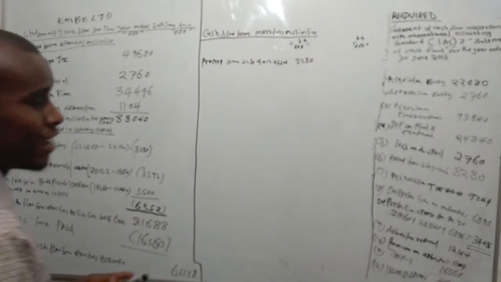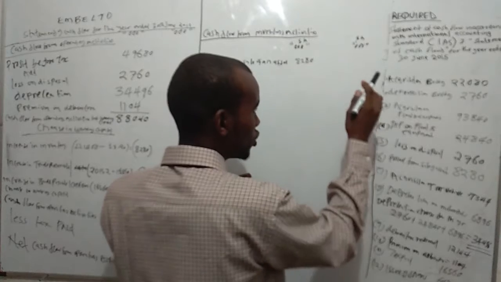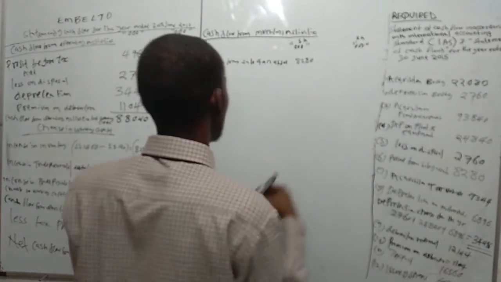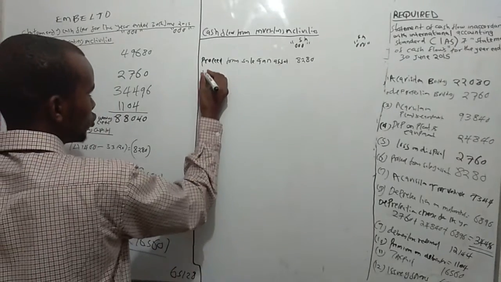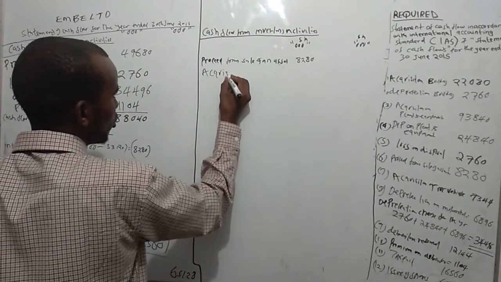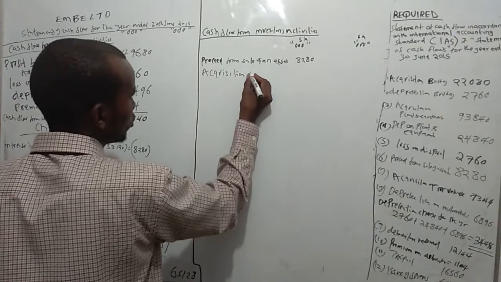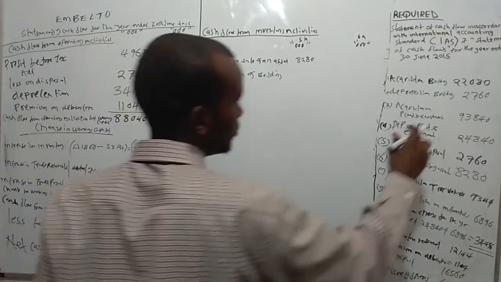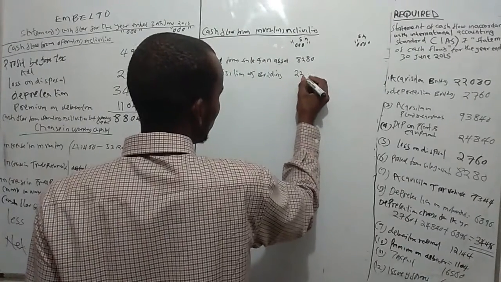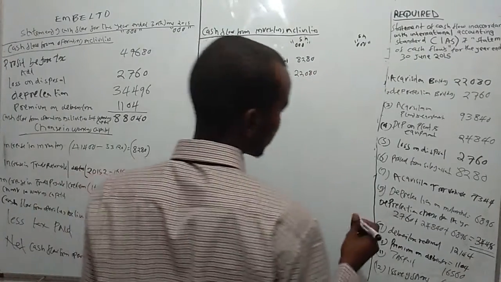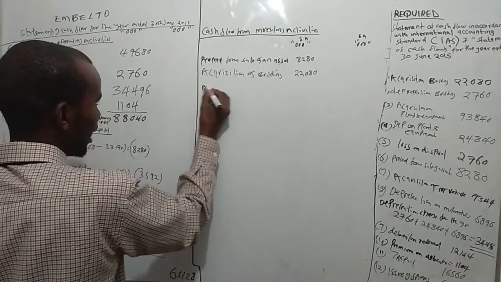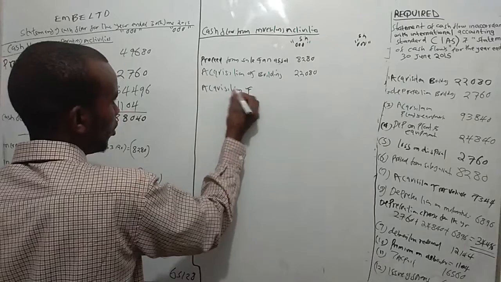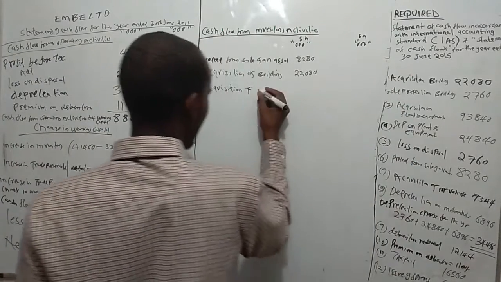Now remember we are having three acquisitions of an asset: the building, the plant and equipment, and also the motor vehicle. Let's start with the building. The amount of building is 22080. Next is acquisition of plant and equipment.